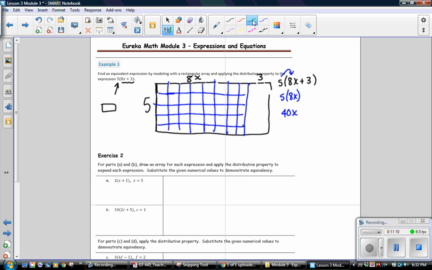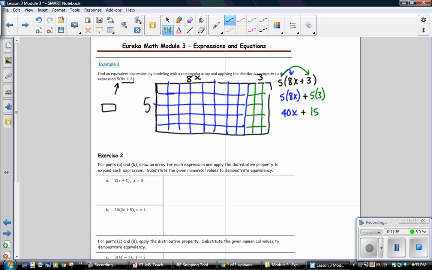Then we also want 5 groups of 3. And our 5 groups of 3 are here. And 5 groups of 3 is 15. So 5 times the quantity 8x plus 3 is equivalent to 5 times 8x plus 5 times 3, which is 40x plus 15.